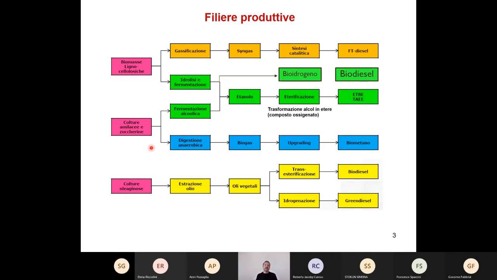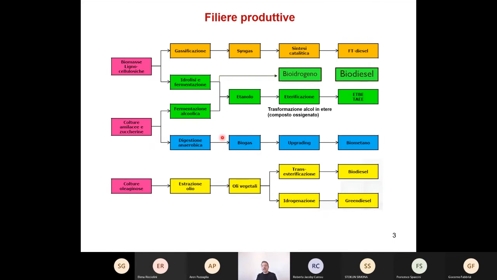Starting from sugar or starch crops, you can move towards two processes, and they are the same two processes we saw for the bioenergy pathways, and anaerobic digestion, and we studied this pathway, moving from this kind of biomass to biogas.